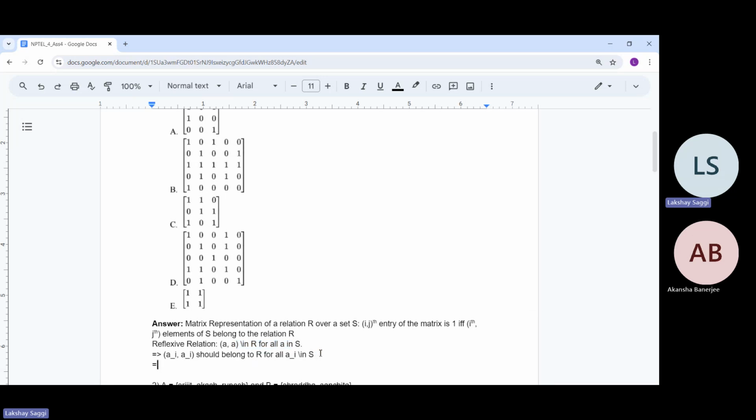This just denotes that the ith comma ith entry should belong to R for all AI in S, right?